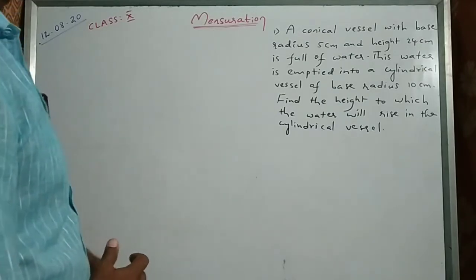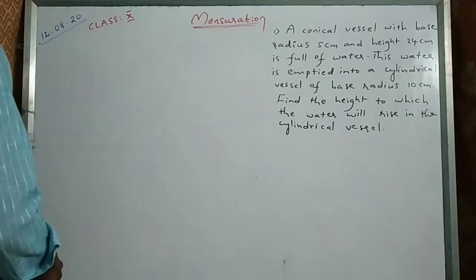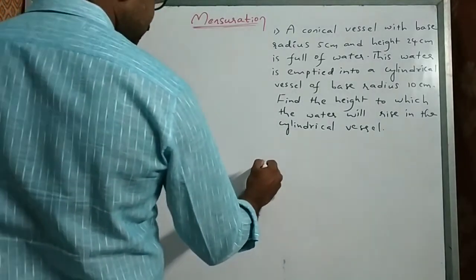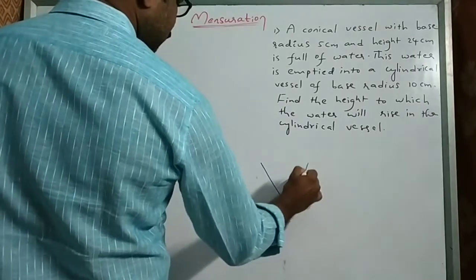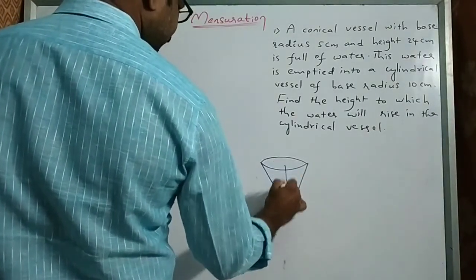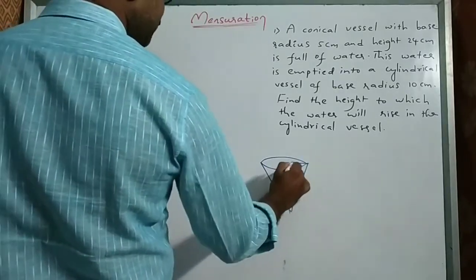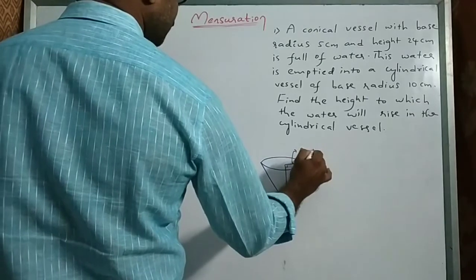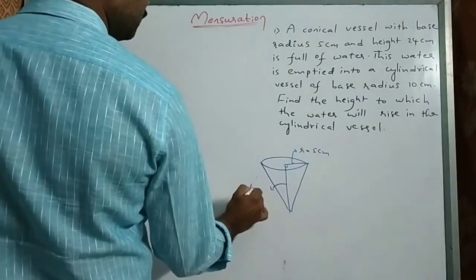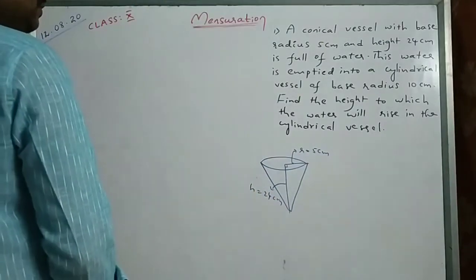Look at that question. A conical vessel with base radius 5 cm and height 24 cm is full of water.